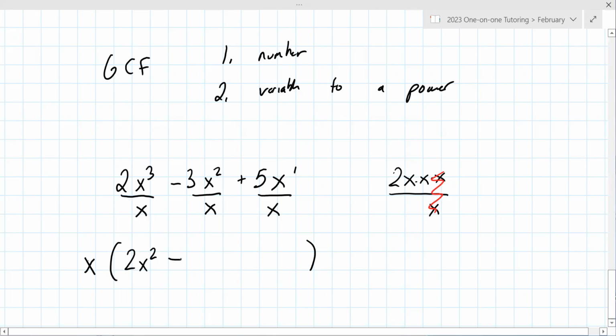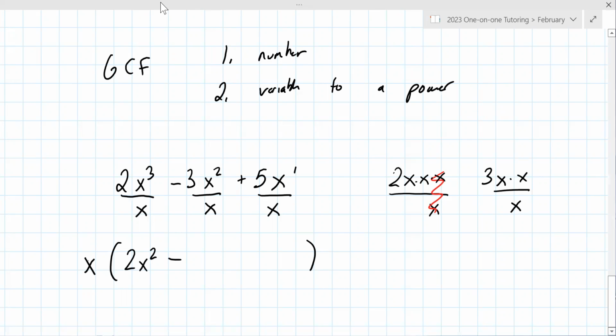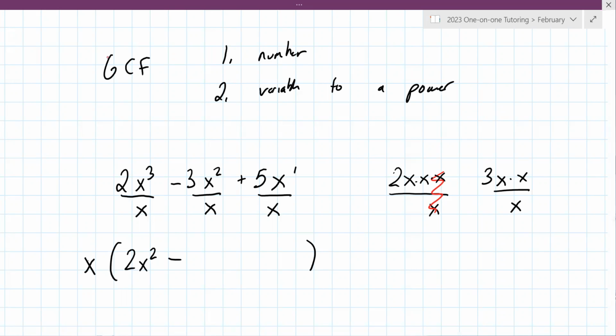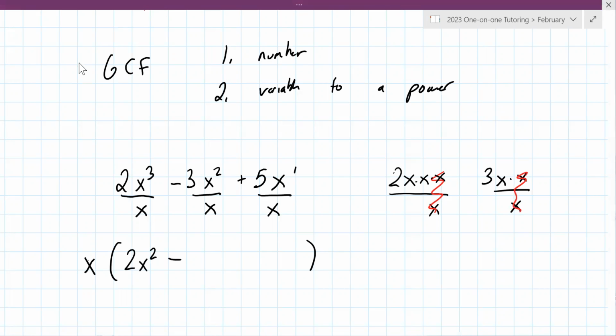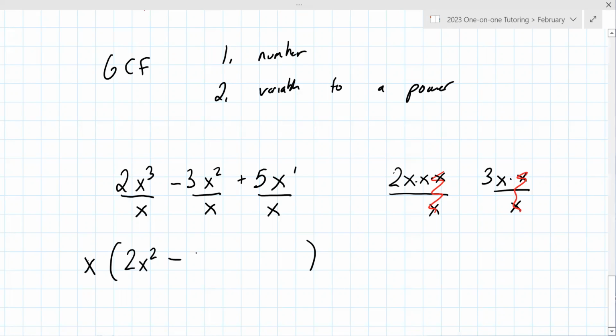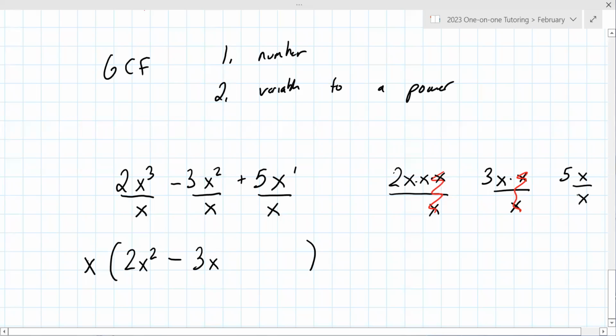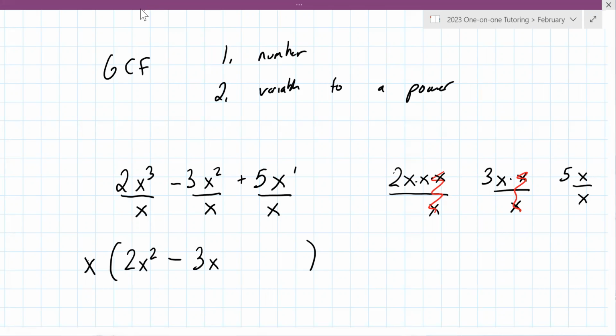The middle one is 3x times x over x. Do you see that there is again a cancellation? So what does that become? 3x. And the last one here is 5x over x. What happens to the x's there? They cancel. They're gone.